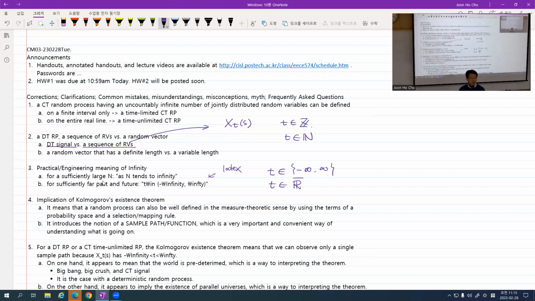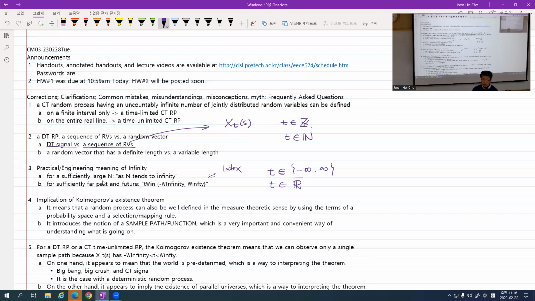How can you record the power consumption of a cell phone, and how can you interpret that? You may say, I may assume that 9 a.m. to 9 a.m. plus 1 microsecond is enough to model that t ranges from negative infinity to positive infinity.